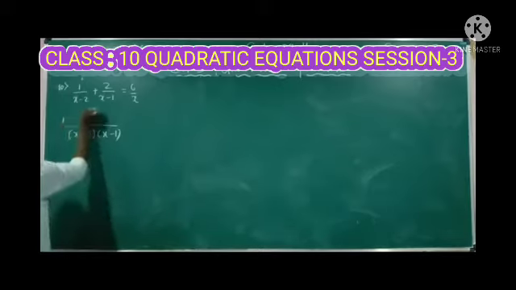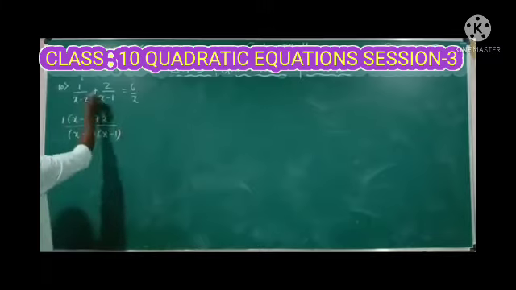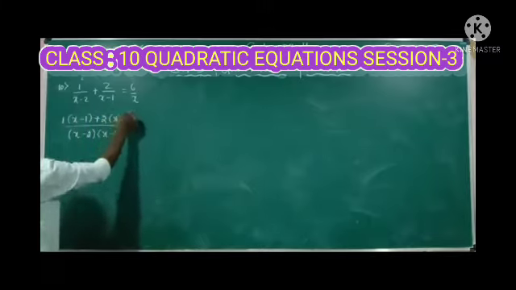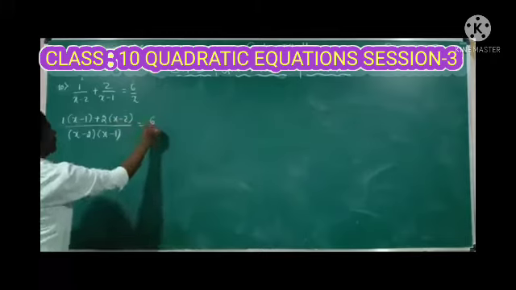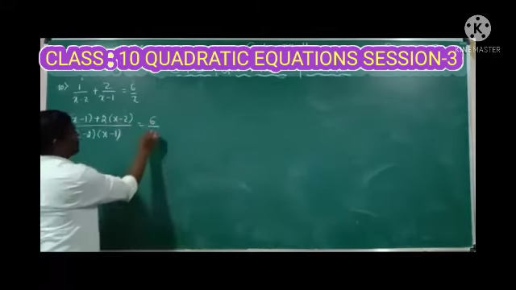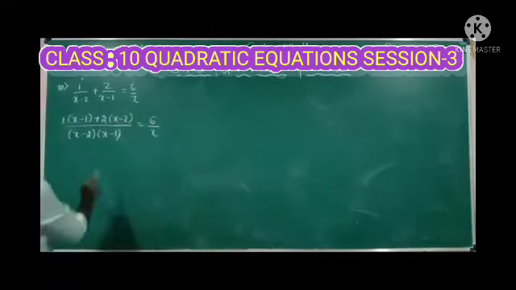So 1 into (x minus 1) plus 2 into (x minus 2) is equal to, write the RHS as it is, 6 by x.